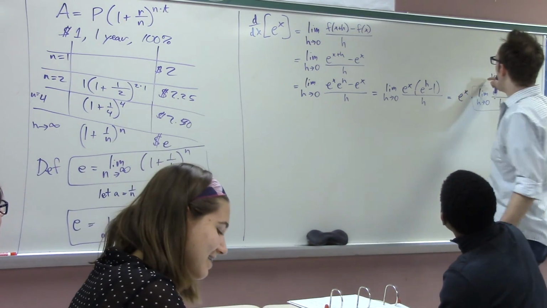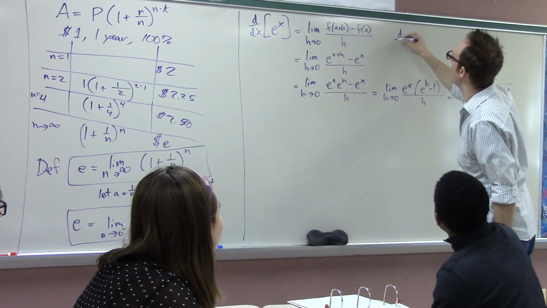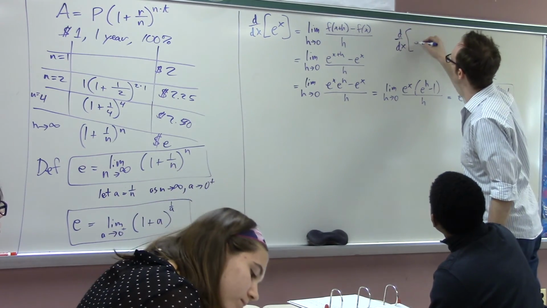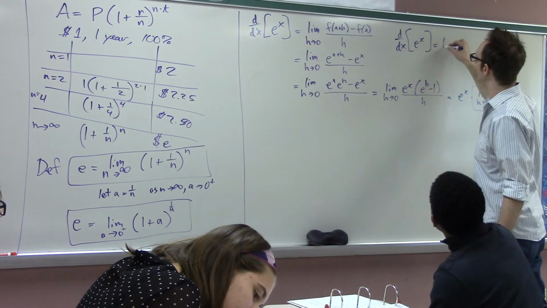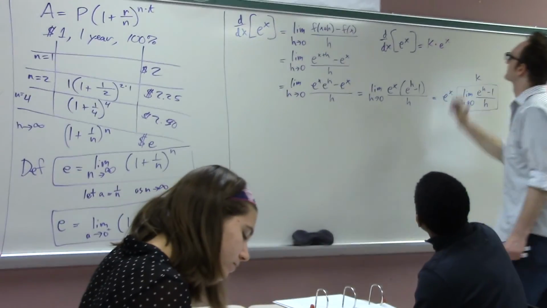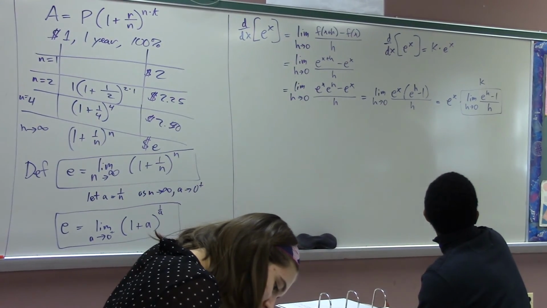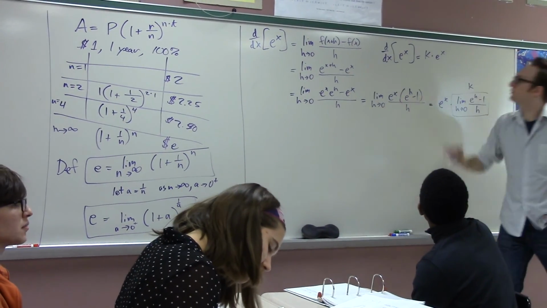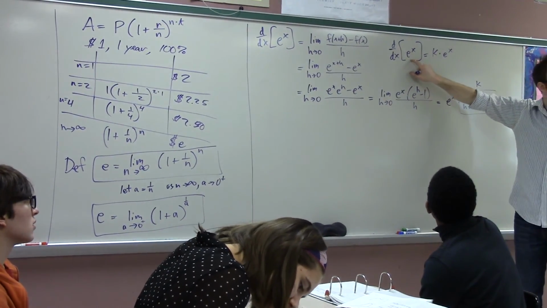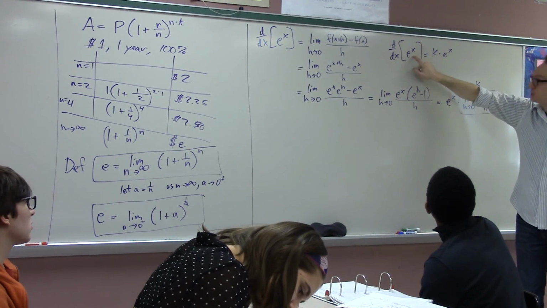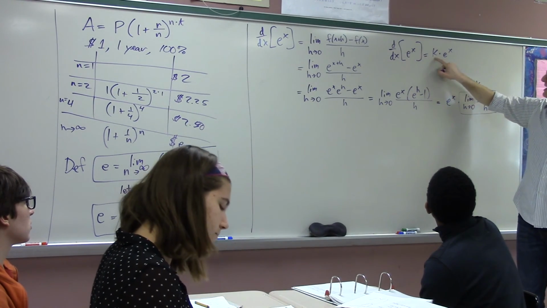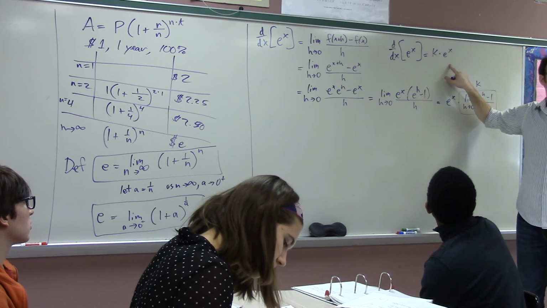If I temporarily call this k, I have just shown that the derivative of e to the x is k times e to the x. In other words, the rate at which this exponential function is changing is also another exponential function.